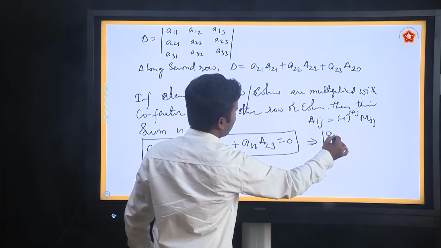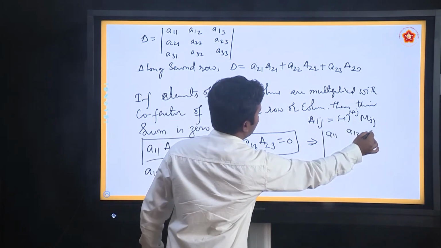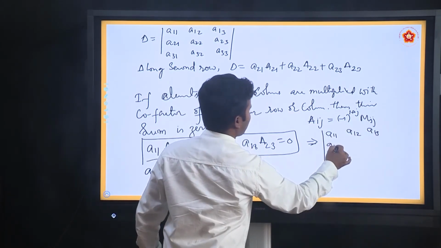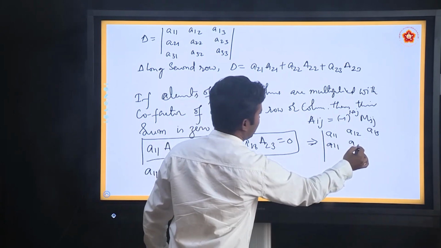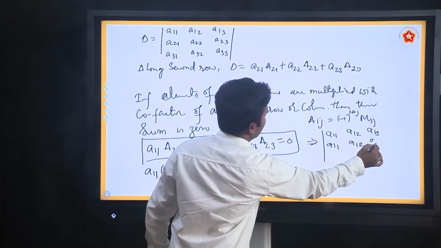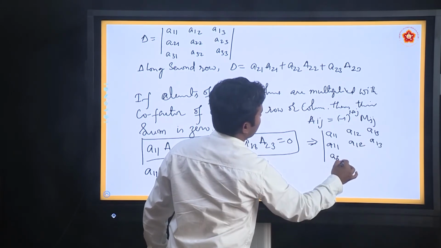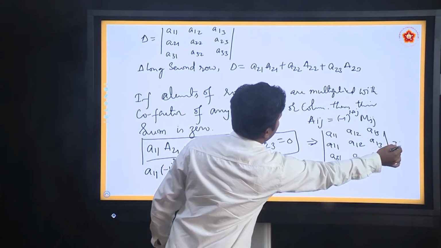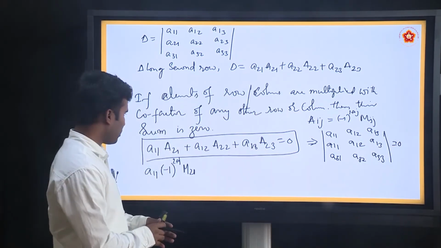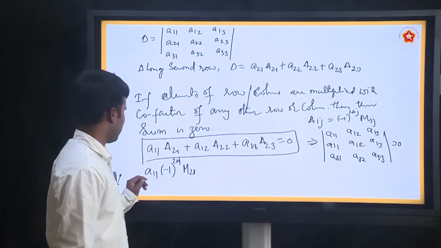So you are going to have A11, A12, A13 and you will get two rows becoming identical like this: A11, A12, A13, A11, A12, A13, A31, A32, A33. Here the determinant becomes 0 because R1 and R2 are equal. So it is 0.